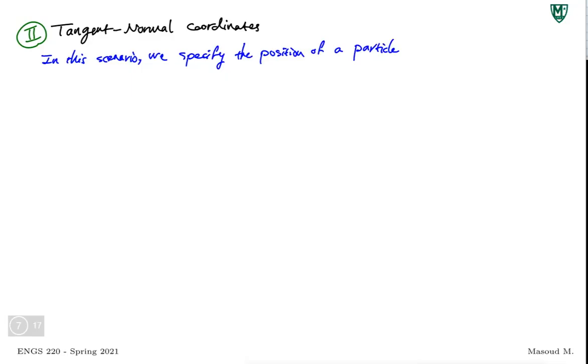Remember, we're talking about particles, but later on we'll expand this to rigid bodies. We specify the position of a particle by a coordinate measured along the path of the motion.